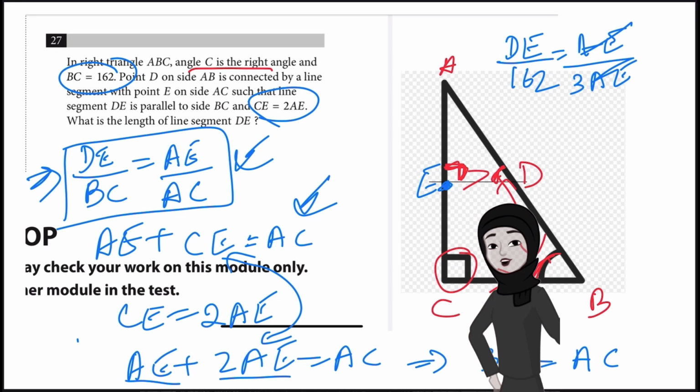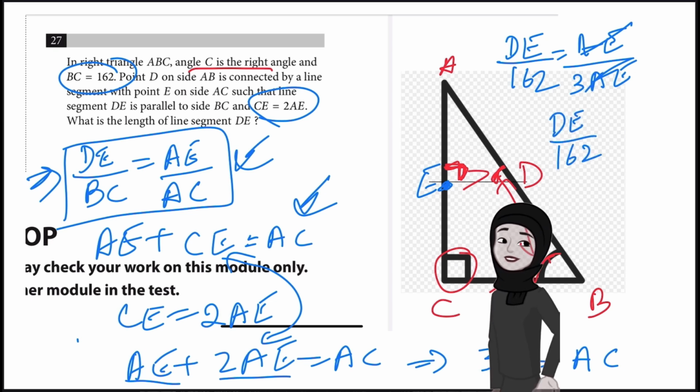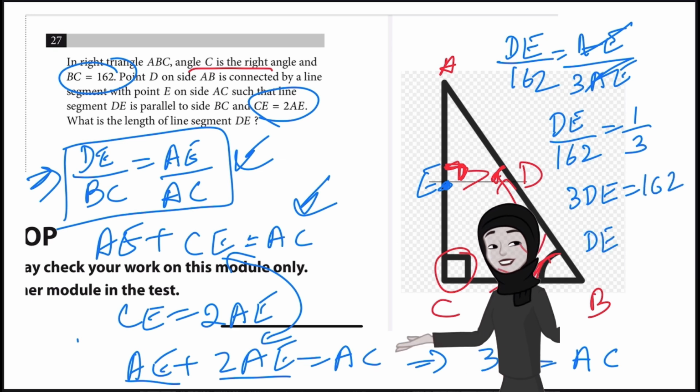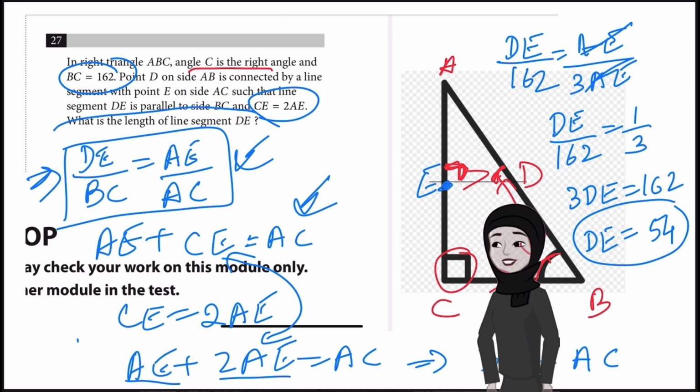Then we simplify this. The AEs cancel out and we have DE divided by 162 is equal to 1 by 3. After cross multiplication we have 3DE is equal to 162. Divide both sides by 3. So DE will be equal to 162 divided by 3, which gives 54.